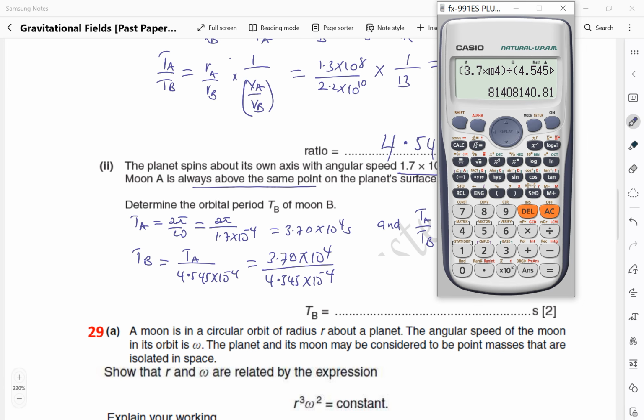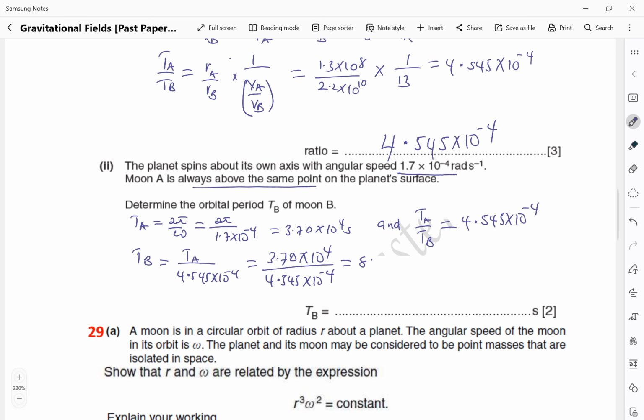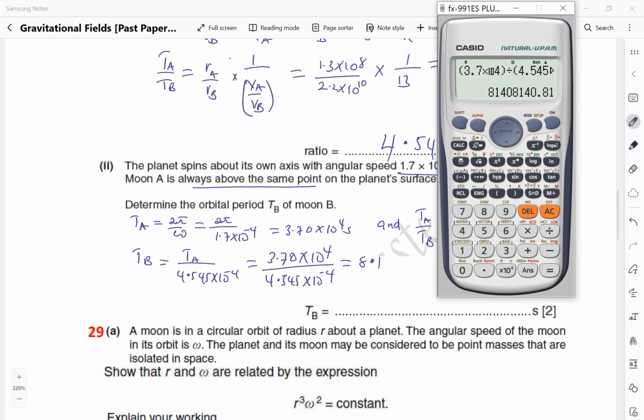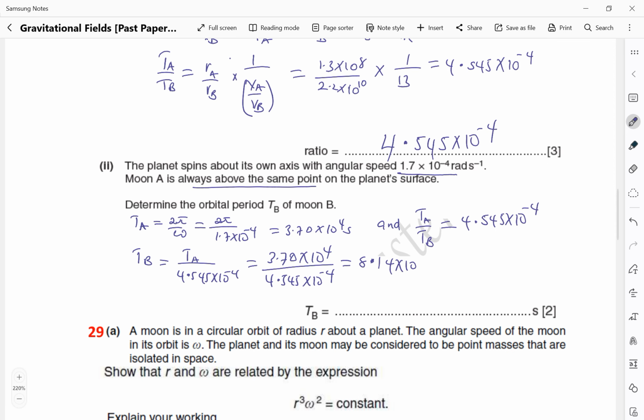So from my calculator, this is 8.1 times 10 to the power of 7 seconds.